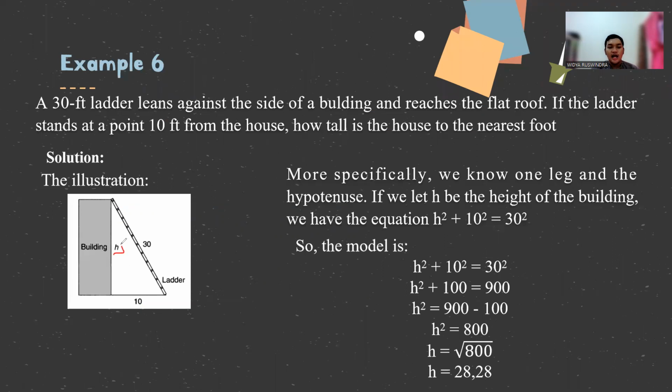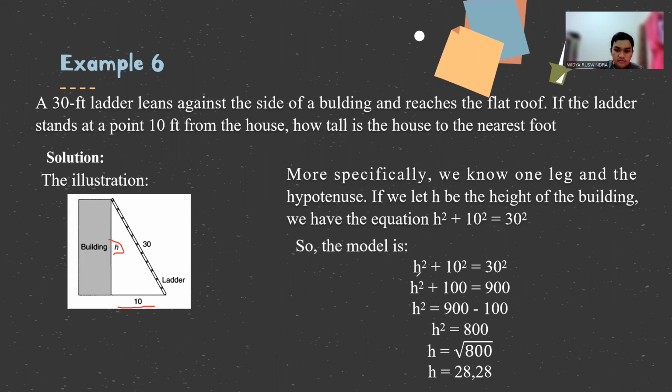H is the height of the building, the bottom of the ladder to the building is 10, and the length of the ladder is 30 feet.